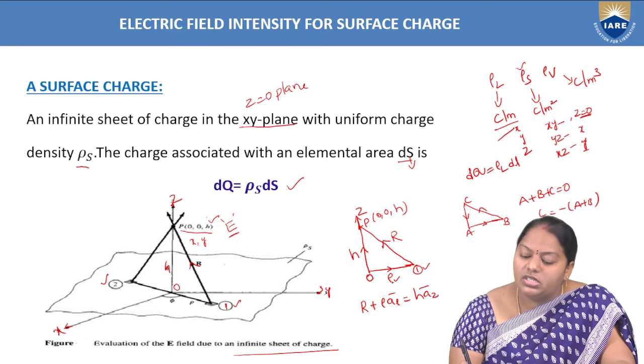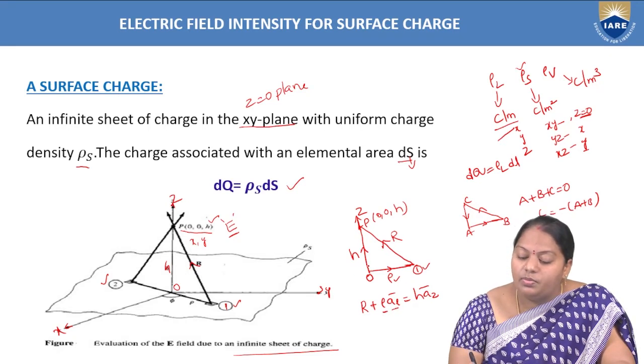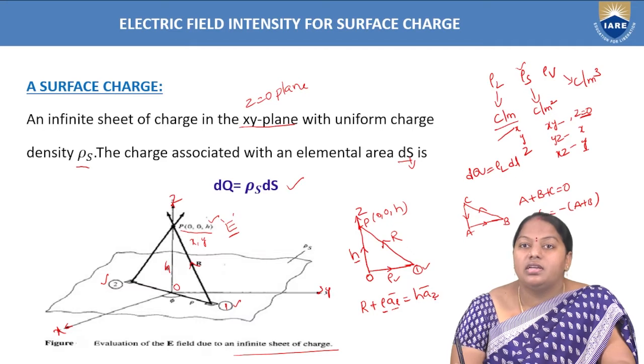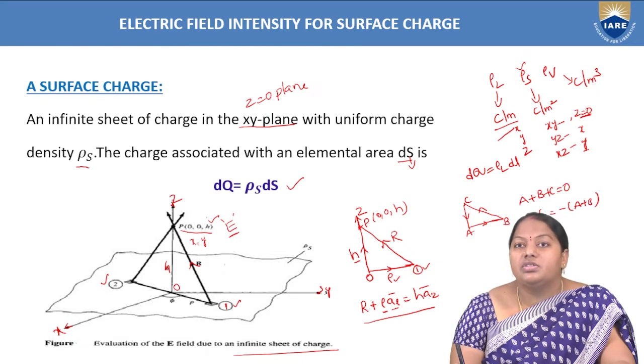Why? Because rho direction is a directed vector, so we have to consider its magnitude along with the unit vector, rho into a rho, and from origin to this field point, the component is given by H, and it is located along z. Hence, from that figure, we write R plus rho a rho is equal to H a z.